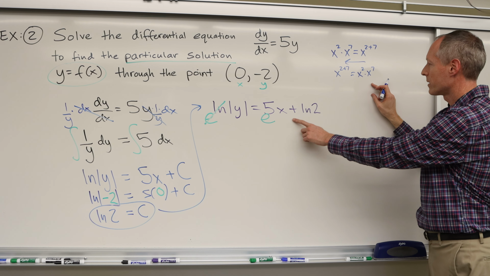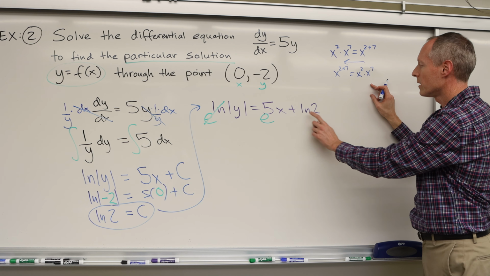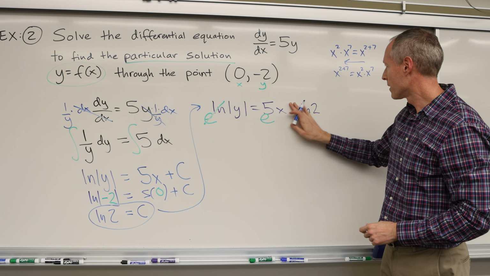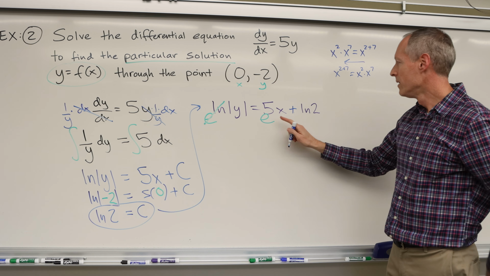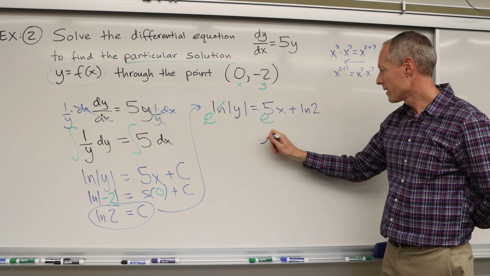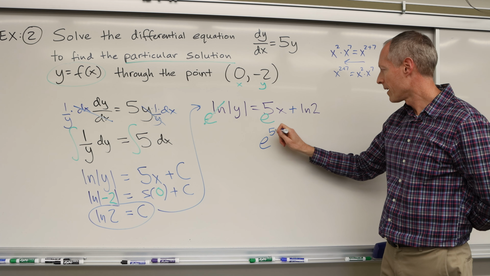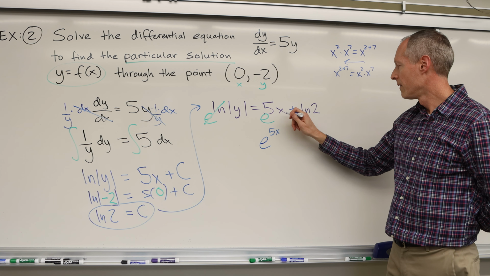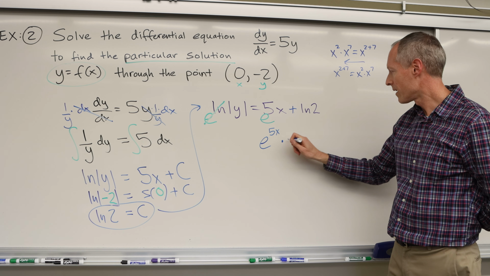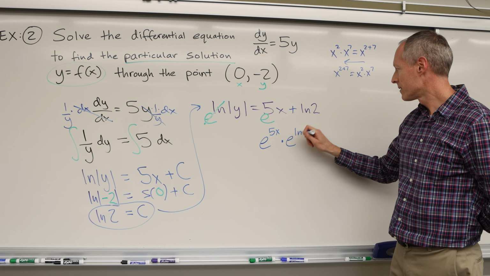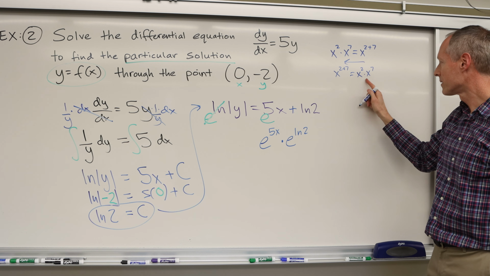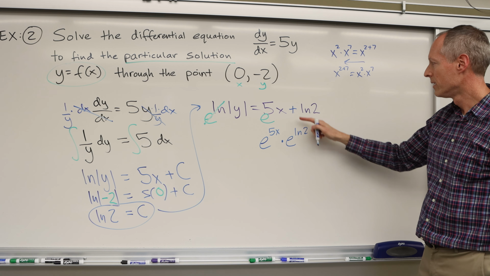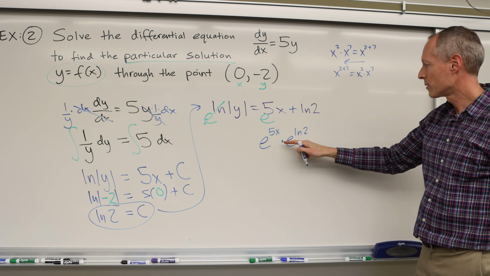Look at this and look at this. This is e to the something plus something. I'm going to make that a different color so it stands out. So now what I'm going to do is rewrite this using this exponent rule. E to the 5x times e to the ln of 2. Based on this, I can do that same property here. So when it's addition, it actually becomes multiplication.